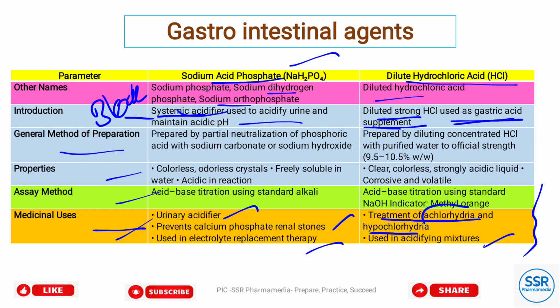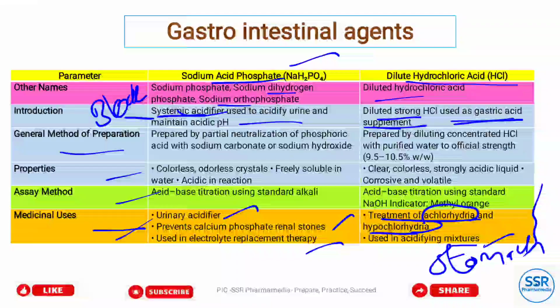Achlorhydria and hypochlorhydria have the same meaning: decreased hydrochloric acid content in the stomach. Whenever the hydrochloric acid is decreased in the stomach, we get digestion problems, because the enzymes may not work. For that reason, dilute hydrochloric acid is used in mixtures to increase the HCl, improving the enzyme action in the stomach.